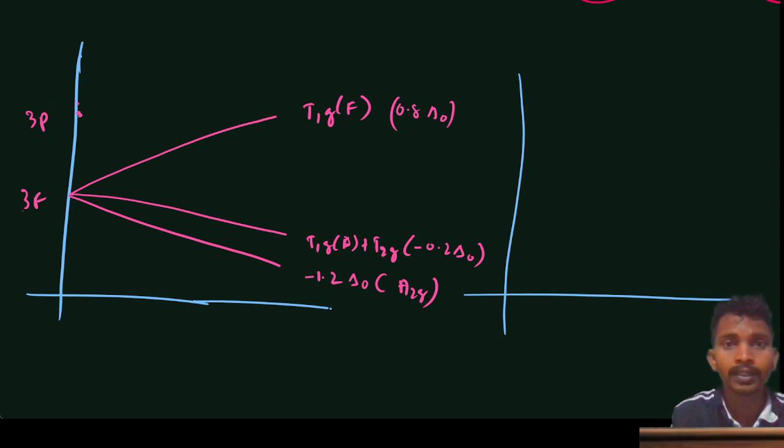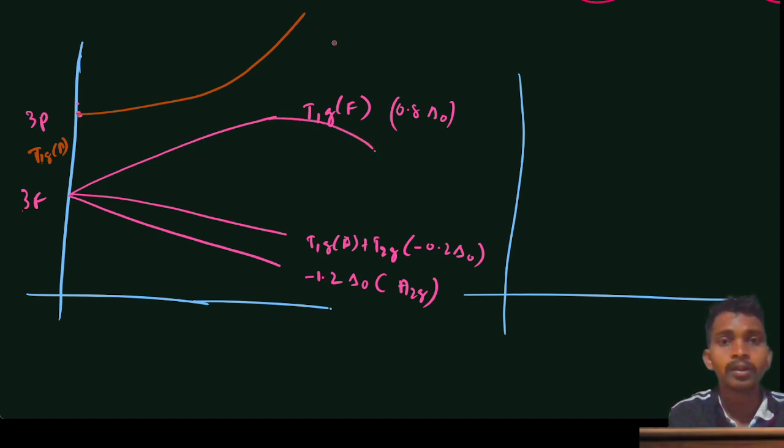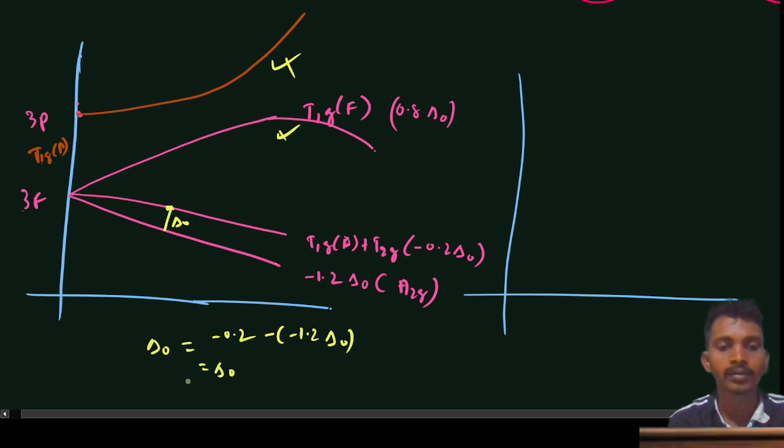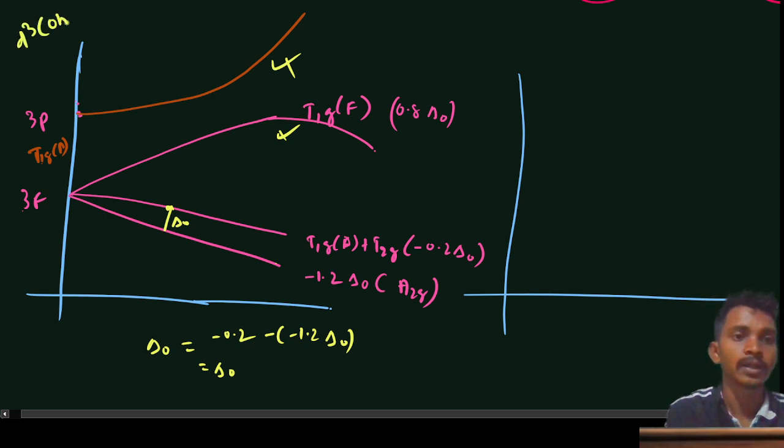So what we'll do for the excited state is always T1g P. T1g has also come here, so there will be no crossover points, you will get repulsions. Here no strong field and weak field; we will calculate where the bend is not happening. Here the bend is happening, so we will not use delta T, so this will be the delta T. So that delta T is how much, minus 0.2 minus 1.2 delta naught, that is going to be delta naught. And this is for D3 octahedral.